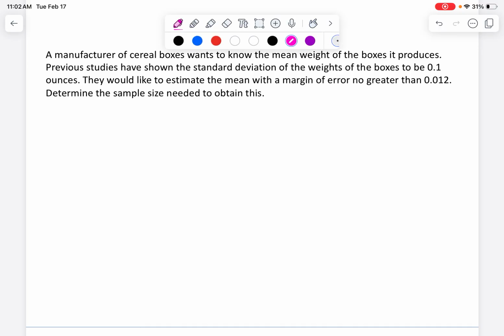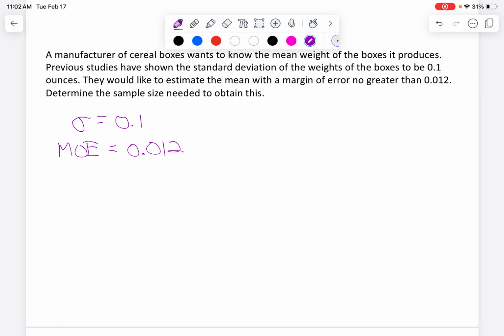Okay, so it's helpful in this situation to just kind of write out what you know. You know the standard deviation to be 0.1. We also know that the margin of error that they would like is this.